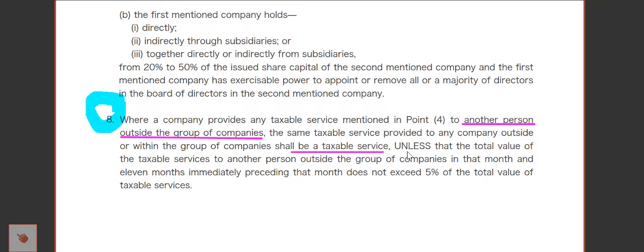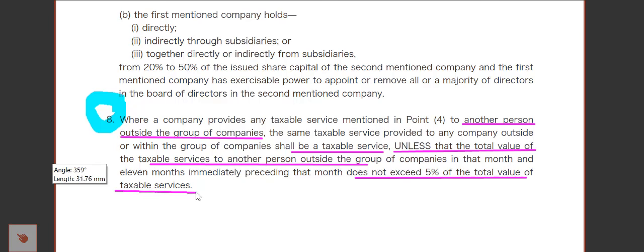Unless the value of the taxable service to persons outside the group in that month and the 11 months immediately preceding that month does not exceed 5% of the value of the taxable service. I just want to explain what it means. It's very long, right?